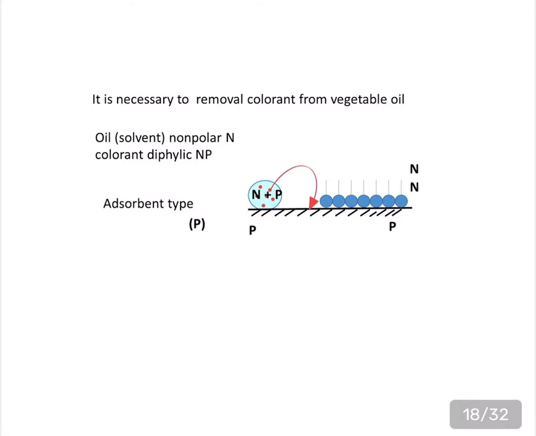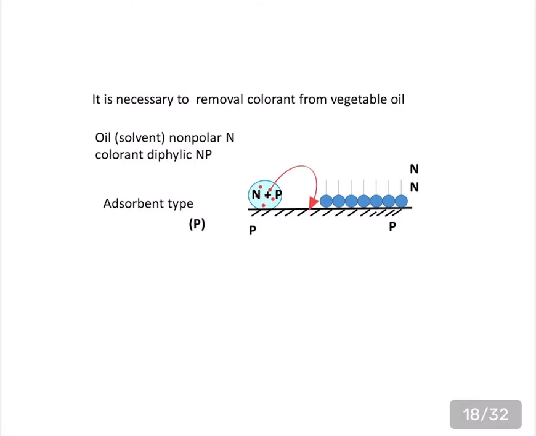As a result, if we choose polar solid material, a substance with a polar part in its structure will be removed from the solution completely. Only oil will stay in the solution.